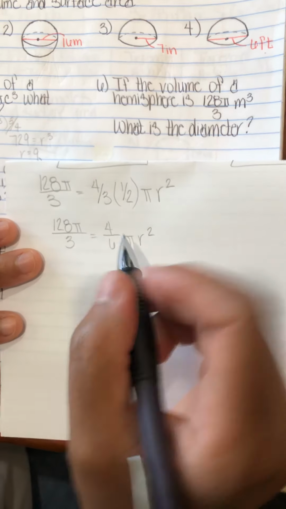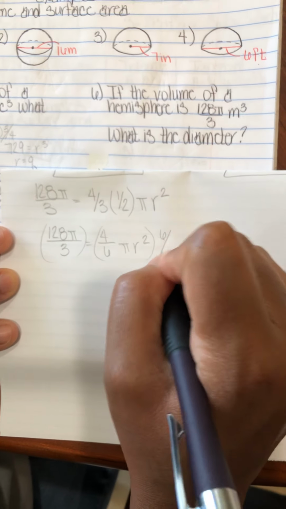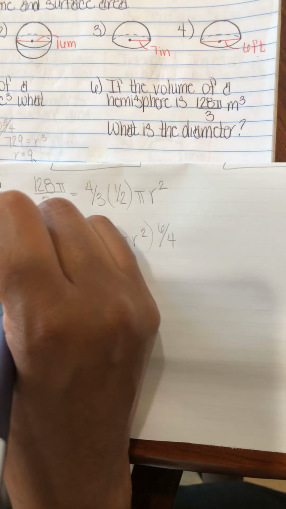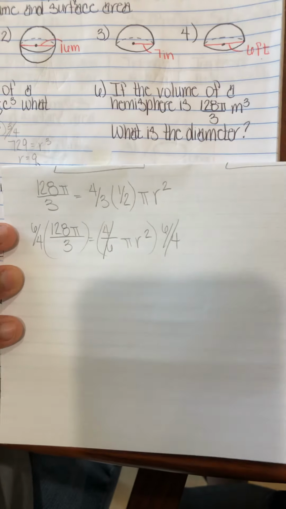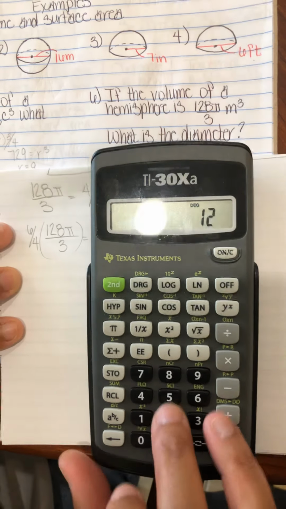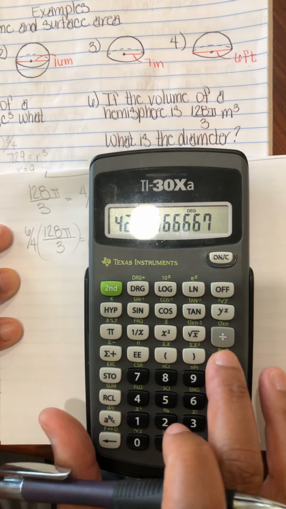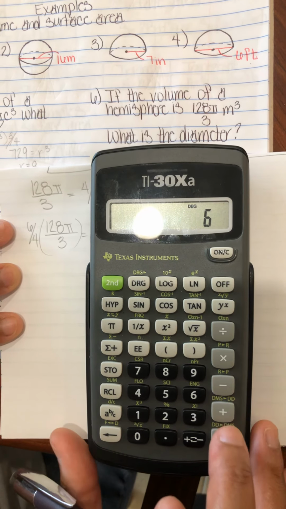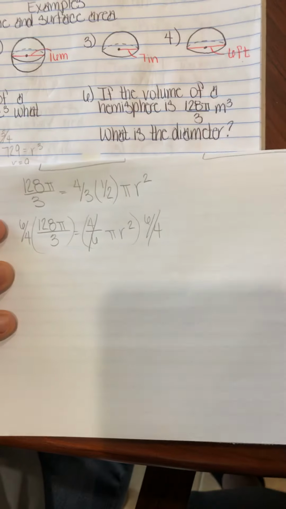Now, remember again, in order to get rid of a fraction, I want to flip it. So I'm going to cancel these, and then I'm going to put in my calculator 128 over 3 times 6, and then divided by 4, which gives me 64.